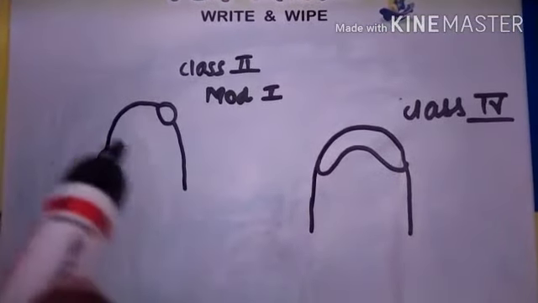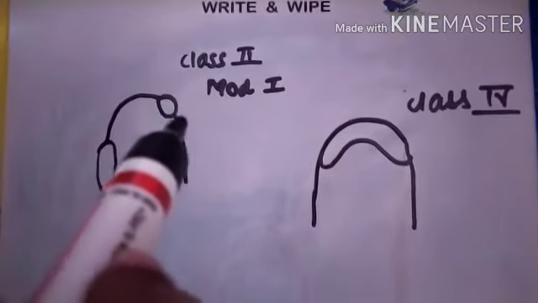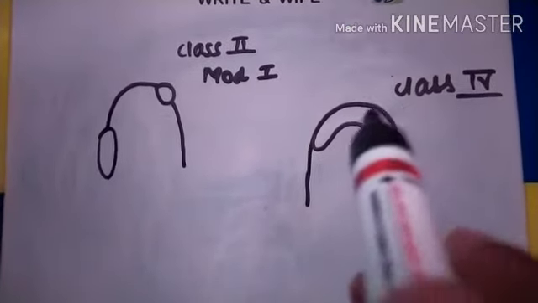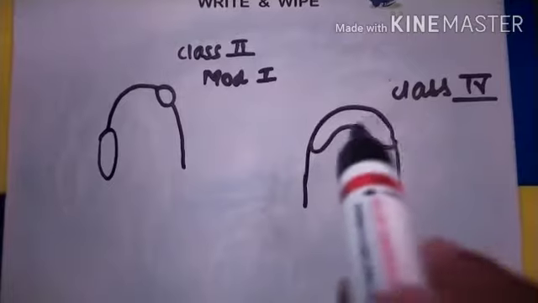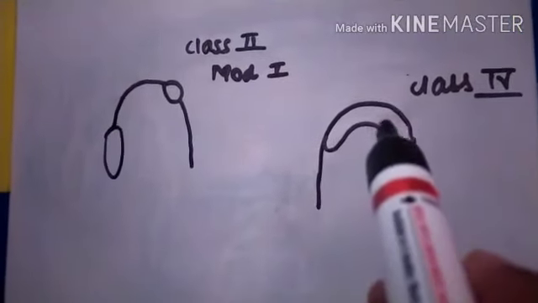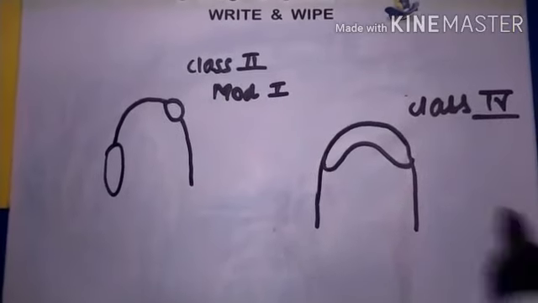So here it is class 2 and modification 1, right? But here in class 4 situation, the main class 4 condition is itself present anteriorly in the arch. So obviously it won't have any modifications.